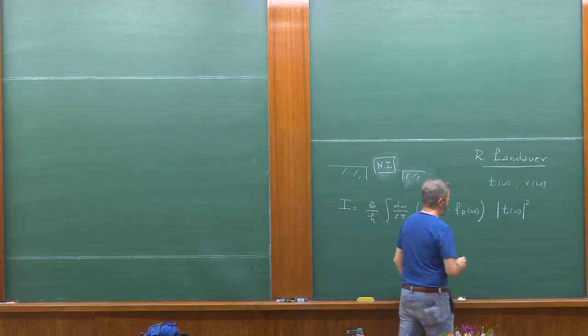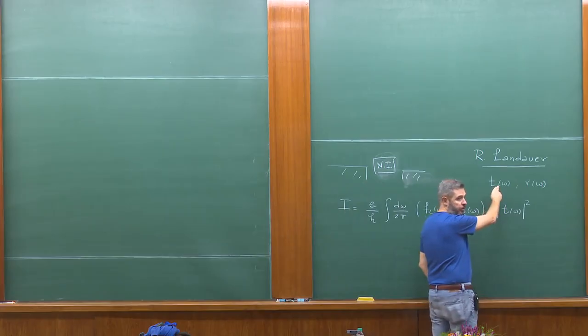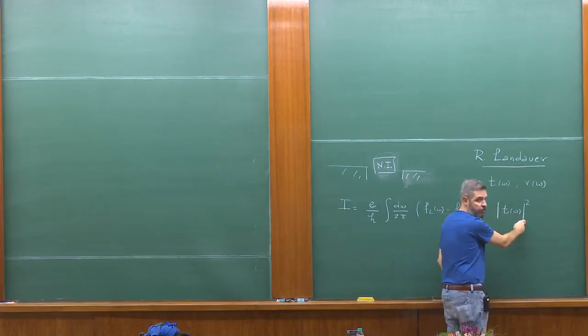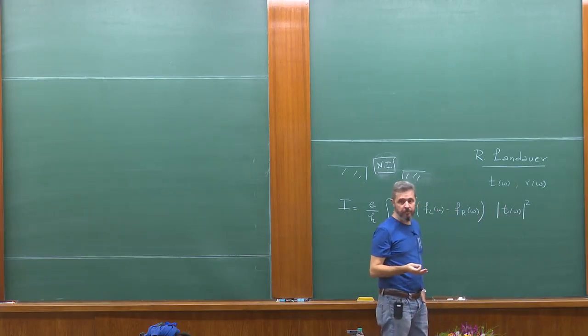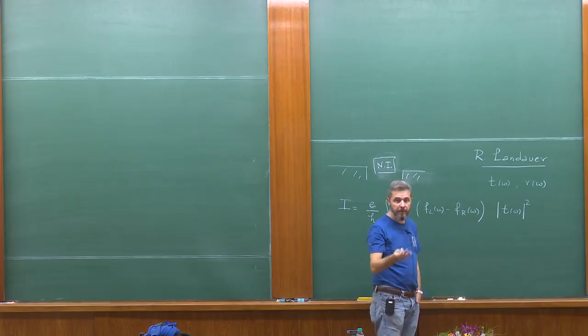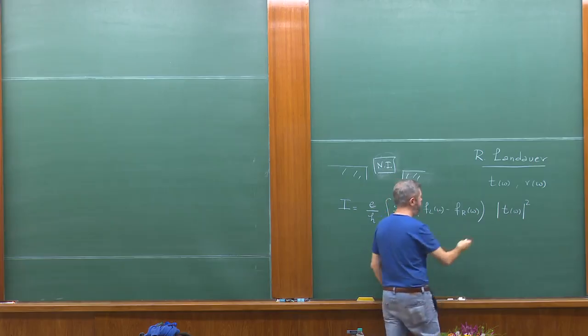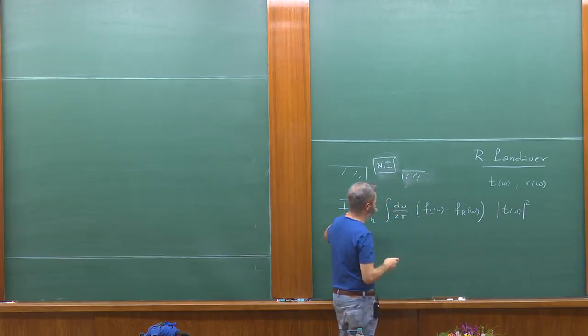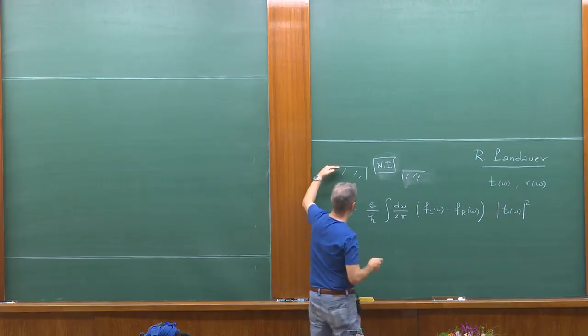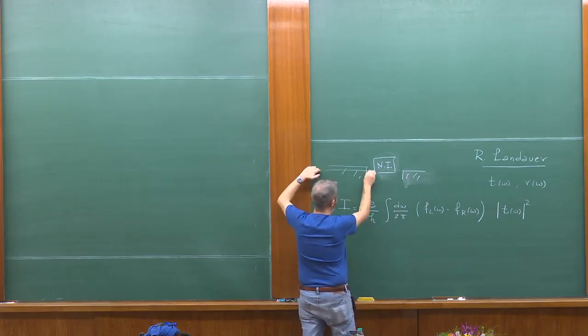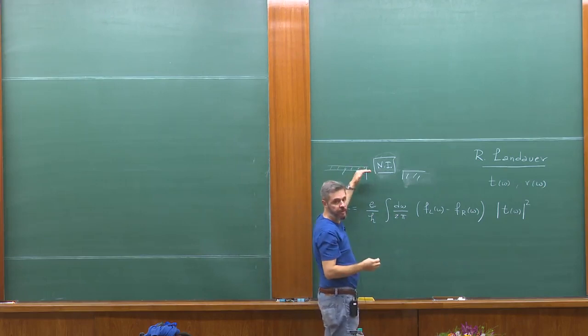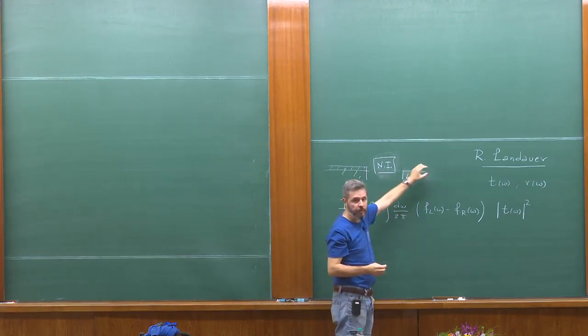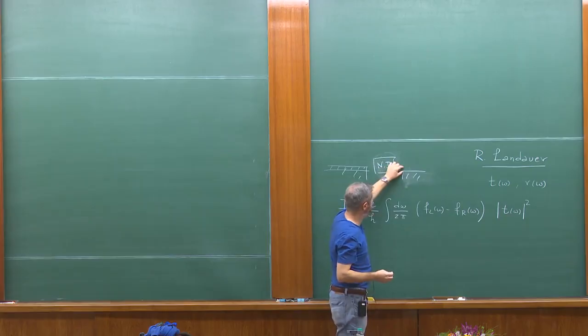And then Landauer said, okay, take the transmission amplitude, take the absolute value squared of the transmission amplitude, which is the transmission probability, and then you essentially think of transport in the following way. You want to compute the transmission probabilities of all the electrons that can go through. And the electrons that can go through are the ones that have nothing on the other side, right?